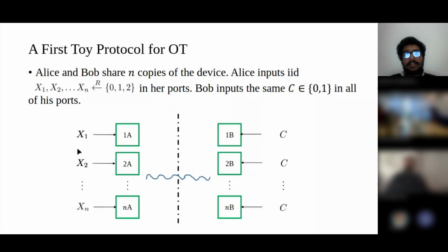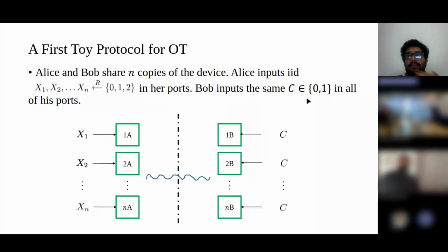Okay. So what happens now is that Alice samples her inputs x1 to xn uniformly at random, and she just inputs them into these boxes. So these xi serve as the input to the box iA.